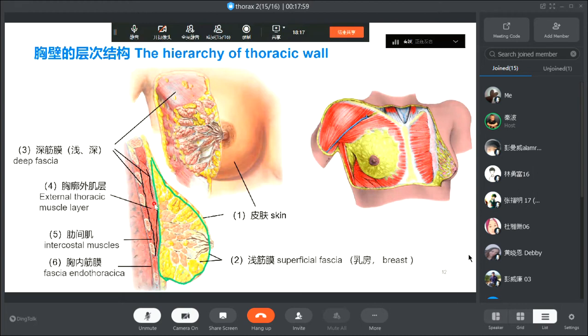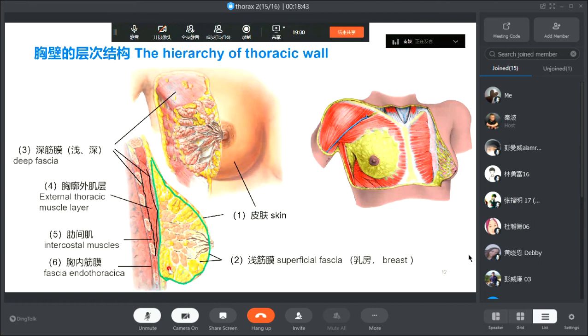Between the two black lines there is a red region, which is the muscle layer. This layer's name is the external thoracic muscle layer. Then this is the rib. Between two ribs there is the intercostal muscle. And this part is the thoracic fascia.